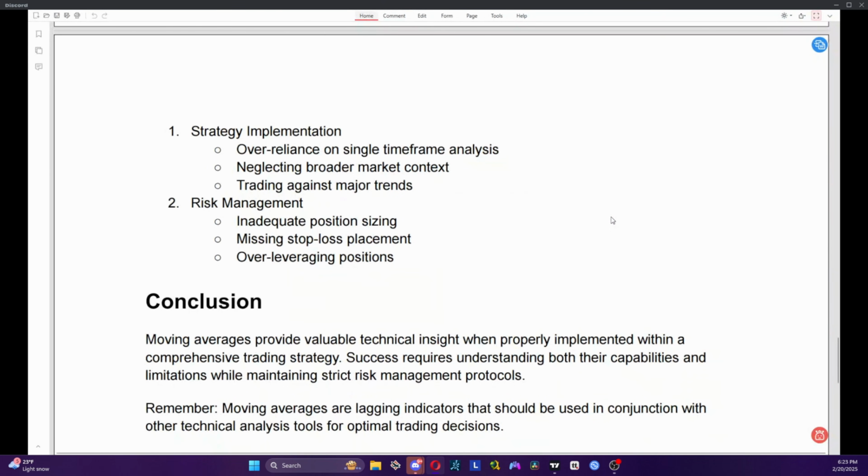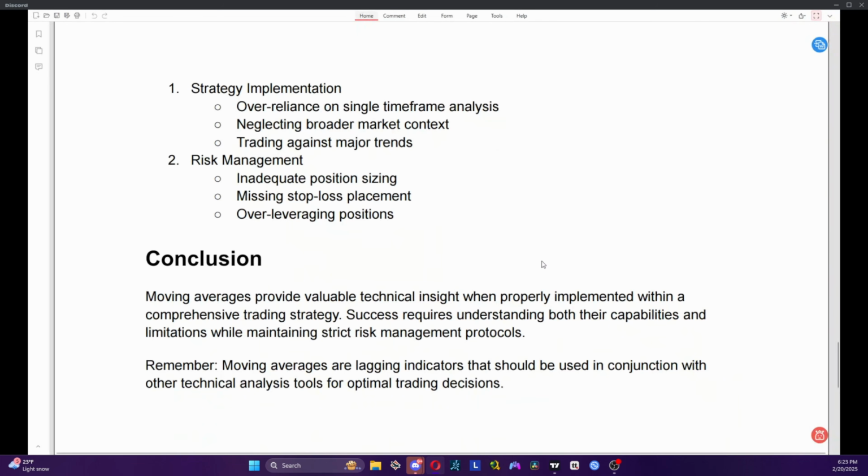Let me go to the conclusion here. Moving averages provide valuable technical insight when properly implemented within comprehensive trading strategies. I was very specific when I wrote this line. Comprehensive trading strategies. Don't just depend on squiggly lines. You have to understand price action. You have to understand support and resistance.